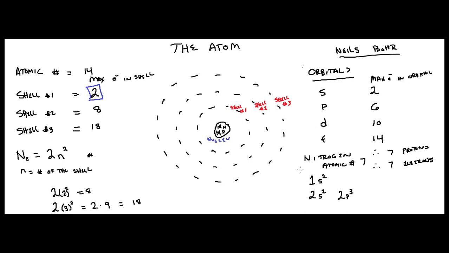So this is your shell right here. In shell number 1, you can see over here we have a maximum of 2 electrons, right? Okay, so we have 2 electrons. Now we have to distribute those 2 electrons. Well, these are the orbitals. You can see s, it's on top.